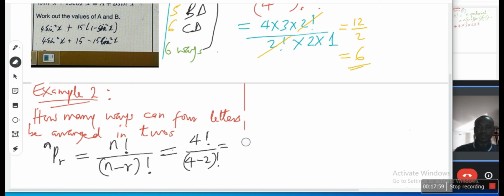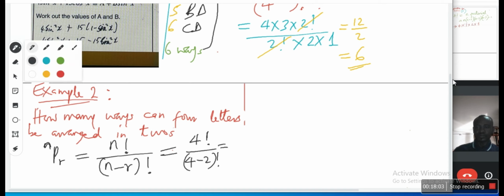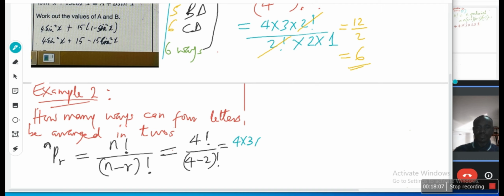What's 4 factorial? 4 times 3 times 2 times 1, all over 4 minus 2 factorial, which is 2 factorial, that is 2 times 1. And of course, this one will just give 12.